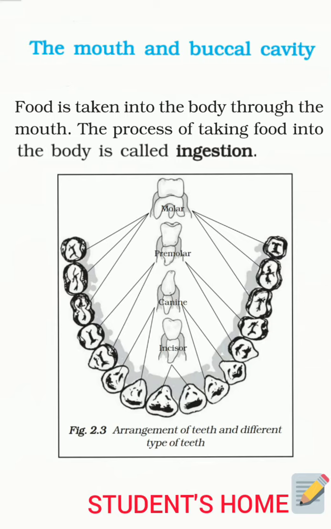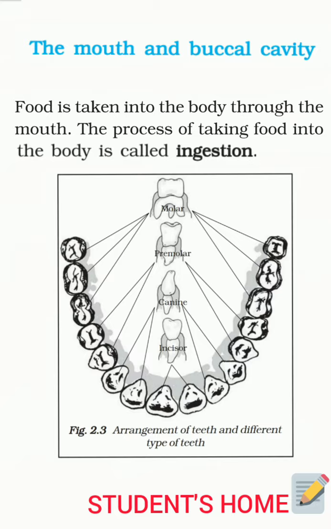Now class, we will understand one by one about the different organs and different topics regarding human digestion. So we will start with number 1, the mouth and the buccal cavity. Our food is taken into the body through the mouth. The process of taking food into the body is called ingestion.